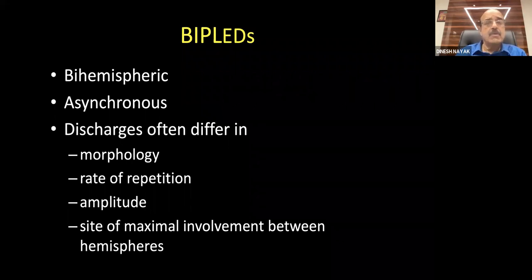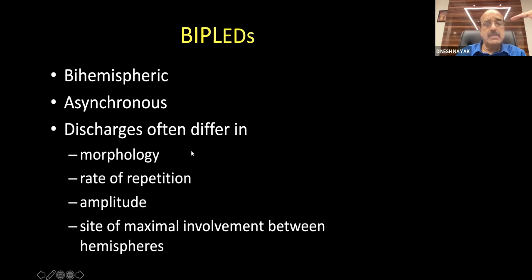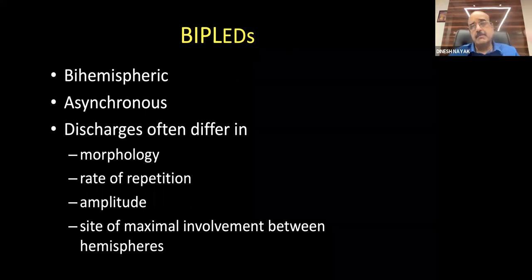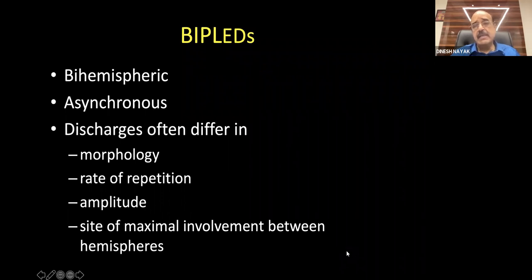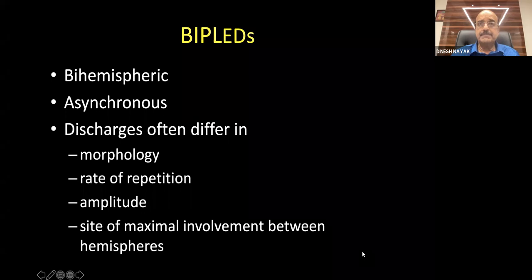They are asynchronous discharges, and the discharges between the two hemispheres can differ in morphology, rate of repetition, amplitude, and site of maximal involvement. For example, on one side the maximum may be in the parietal, and on the other side it may be in the temporal. The morphology can vary, and the interburst interval can vary. So that is why it's called BiPLEDS.